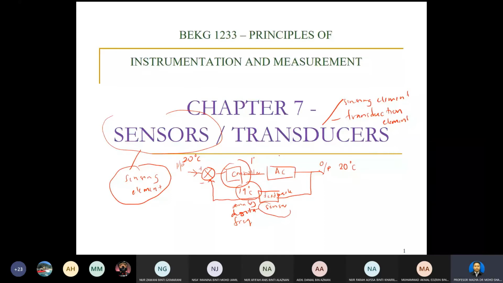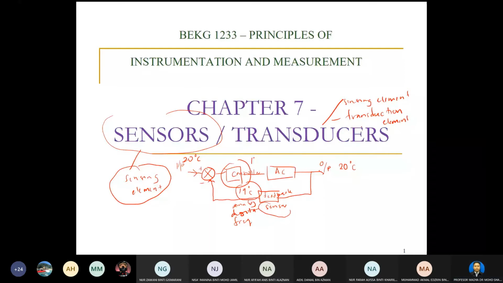That is the difference between the sensor and transducer. The transducer has another part, sometimes called signal conditioning. But as I mentioned, nowadays most sensors also have the transduction element, so now we can call it the sensor or the transducer.